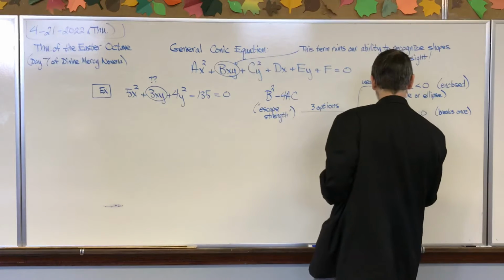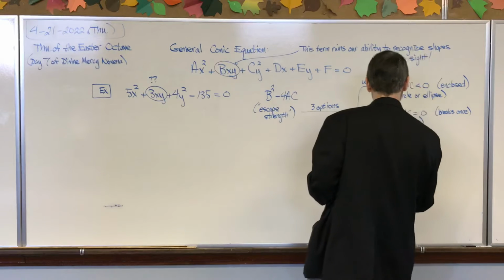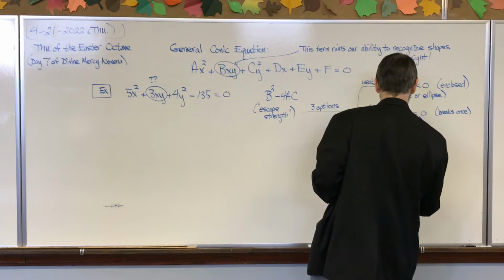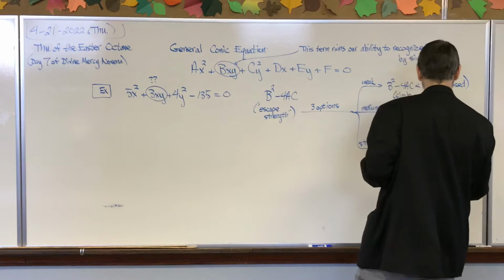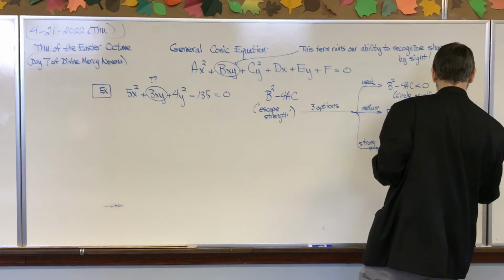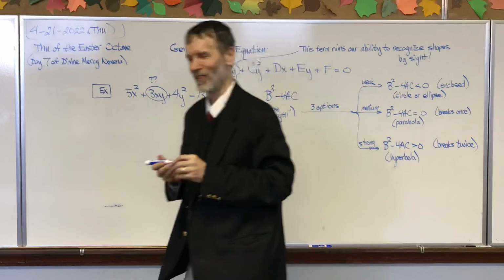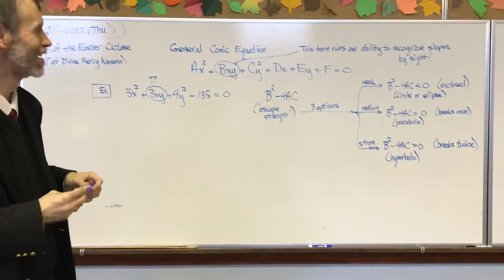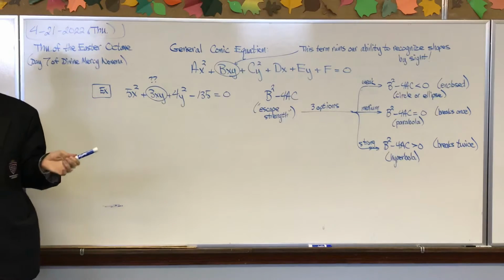So if b squared minus 4ac is greater than 0, you can have a hyperbola. So it breaks twice. So you escape in two different directions if you like, or you have your choice. Does that make sense?